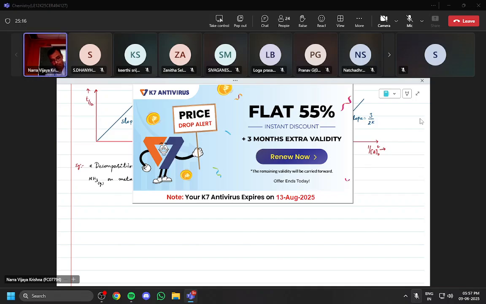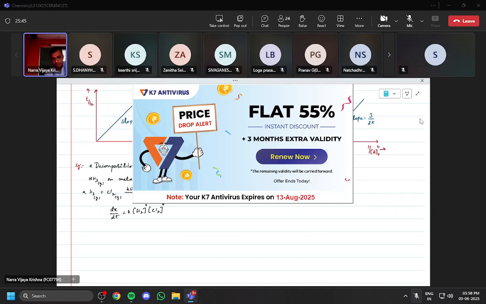This is one example for zeroth order kinetics. H2 gas plus Cl2 gas is another reaction. H2 gas plus Cl2 gas in presence of sunlight to form 2 HCl gas follows zeroth order kinetics. Here I will write dx upon dt is equal to k. Zeroth order means the rate of reaction is independent of concentration of H2 as well as Cl2. That's why it is called zeroth order reaction. Rate remains constant.